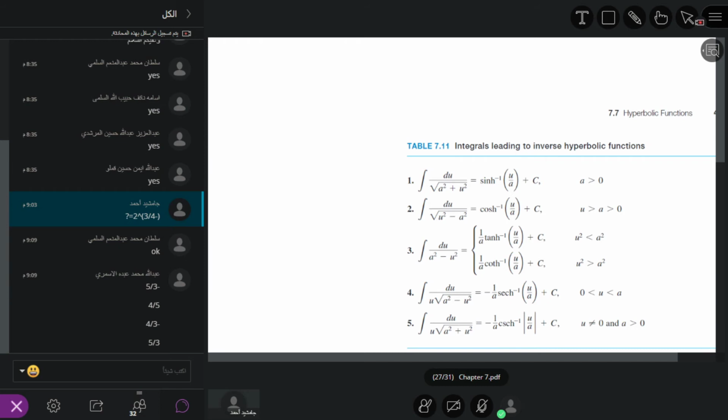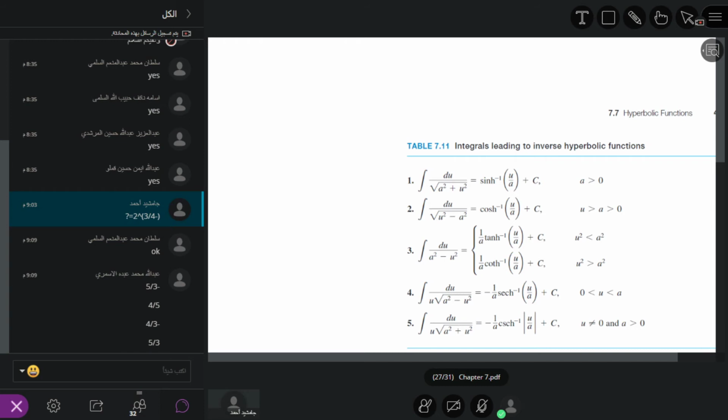So now we cancel the 2 with the 2. What is remaining? We are left with just e power ln x, plus e power minus ln x.